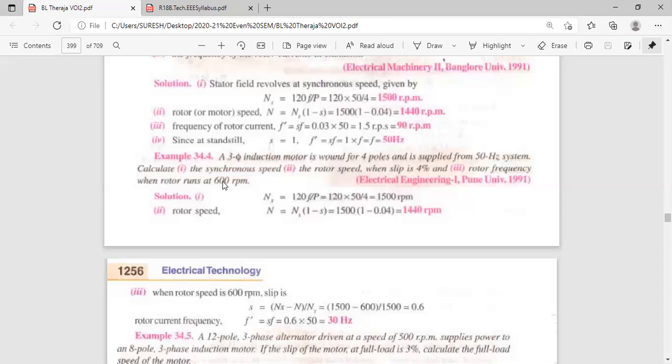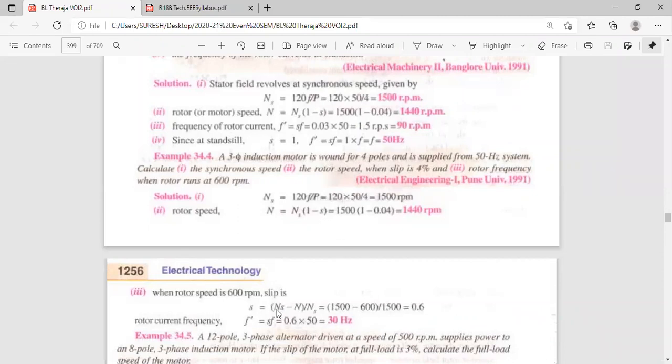N. Rotor speed means N. Stator speed means Ns. Rotor speed is the actual speed of the rotor. N is 600. So first calculate this.